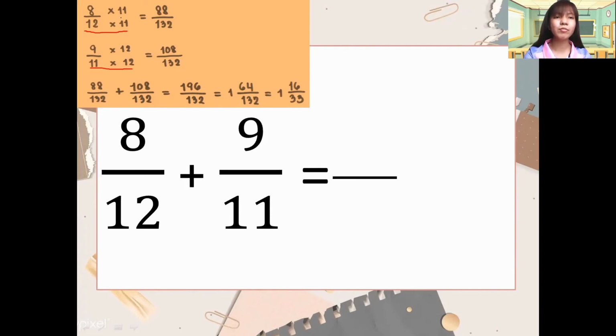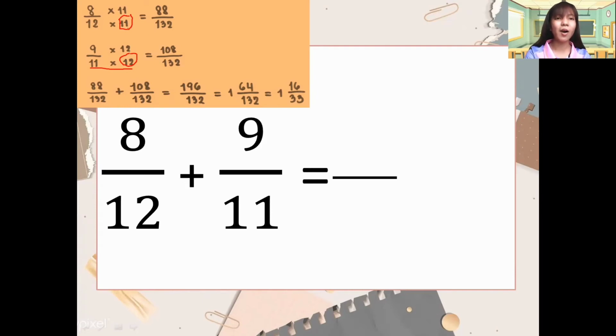You have to find, like this one, the number 12. This one, 11, this one, 12. Why? Because our goal is to make both denominators the same, because that's the only way we can add, right?